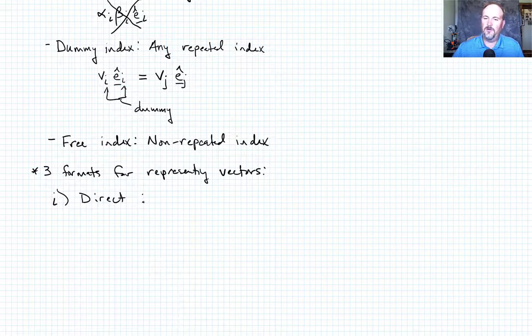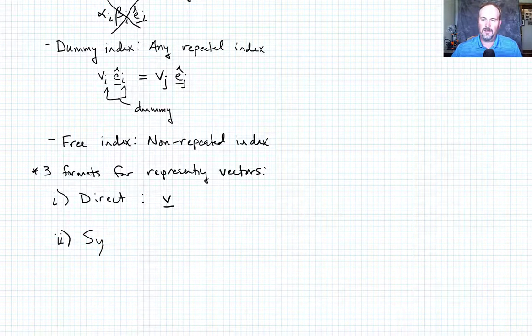And in the direct form, if we're looking at vector v, I'm just going to write it as v, a v with an underbar. And that means the vector v. I could write it a little bit more expanded, and that is what I'll call symbolic. In that case, I'm going to write it as vi EI hat.